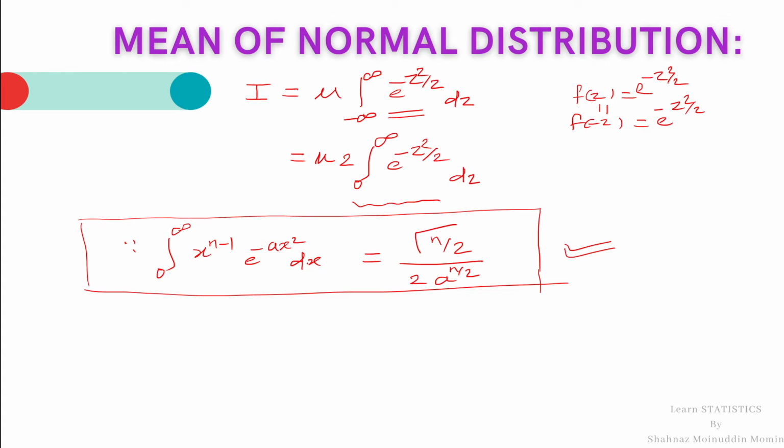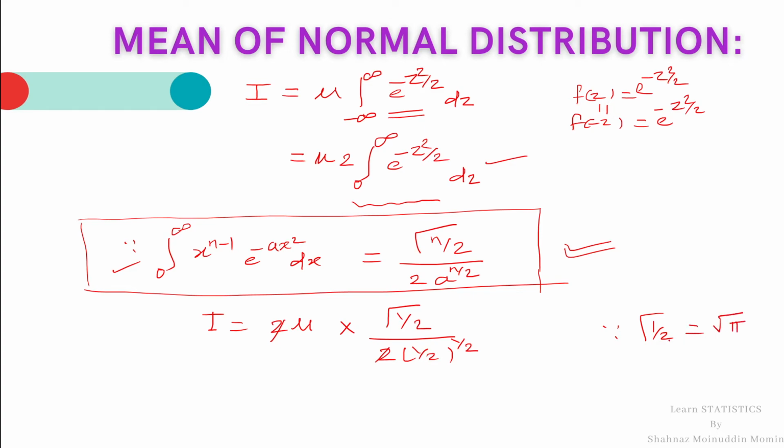By comparing this integral with our corresponding integral, we get the first integral equal to 2 mu into, here n is 1, so it is gamma 1 by 2 divided by 2 into 1 half raised to 1 upon 2. This 2 and 2 get cancelled. We know that gamma 1 half is root pi.